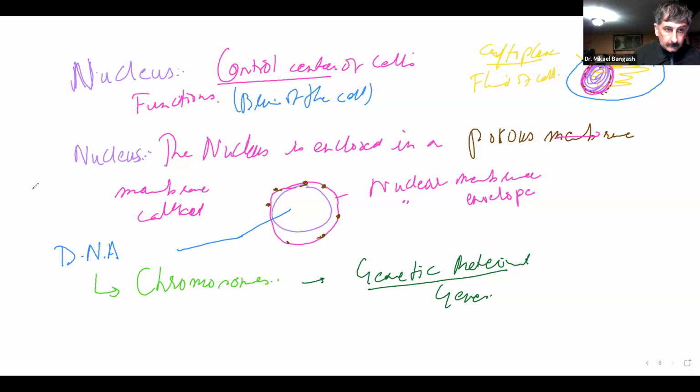Now, based on the type of cells, we have two arrangements of chromosomes.